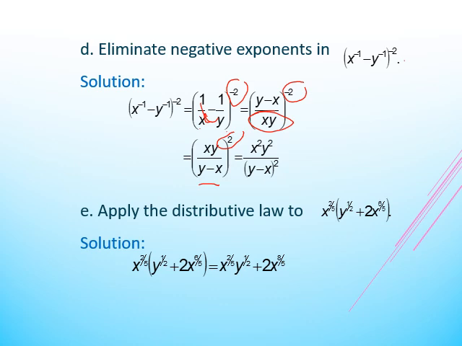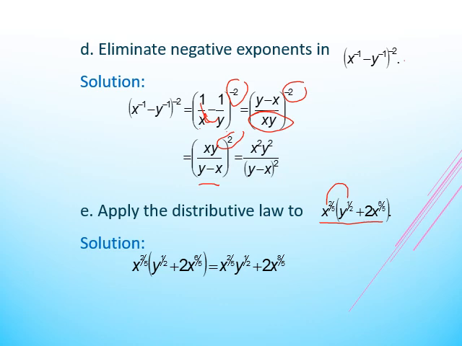Example C: apply the distributive rule to this value. It's very simple, we will just apply this rule. x times y, x to the power 2 over 5 times y to the power 1 over 2, there are no same bases. The bases differ. We can't do anything more.